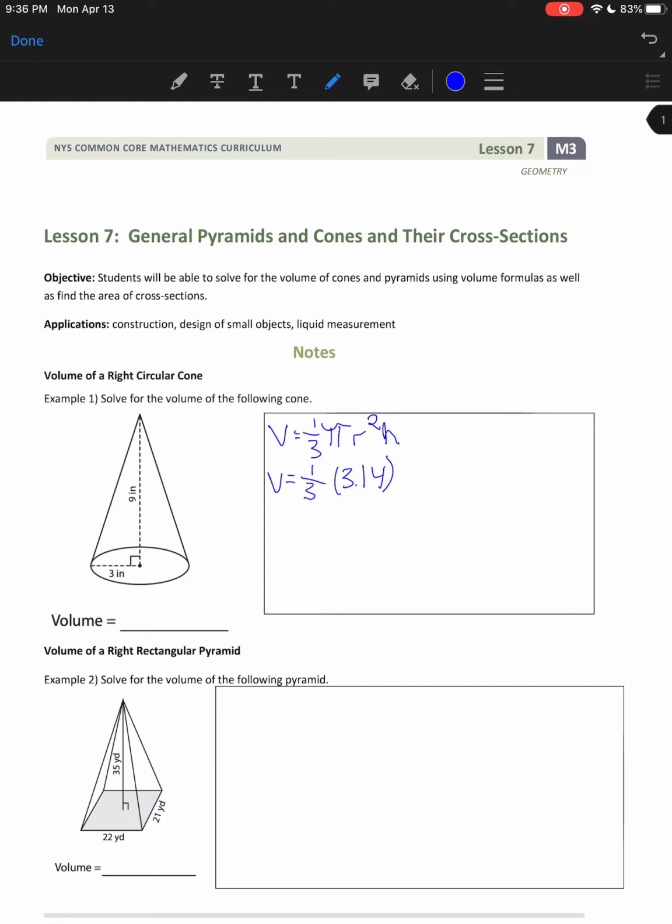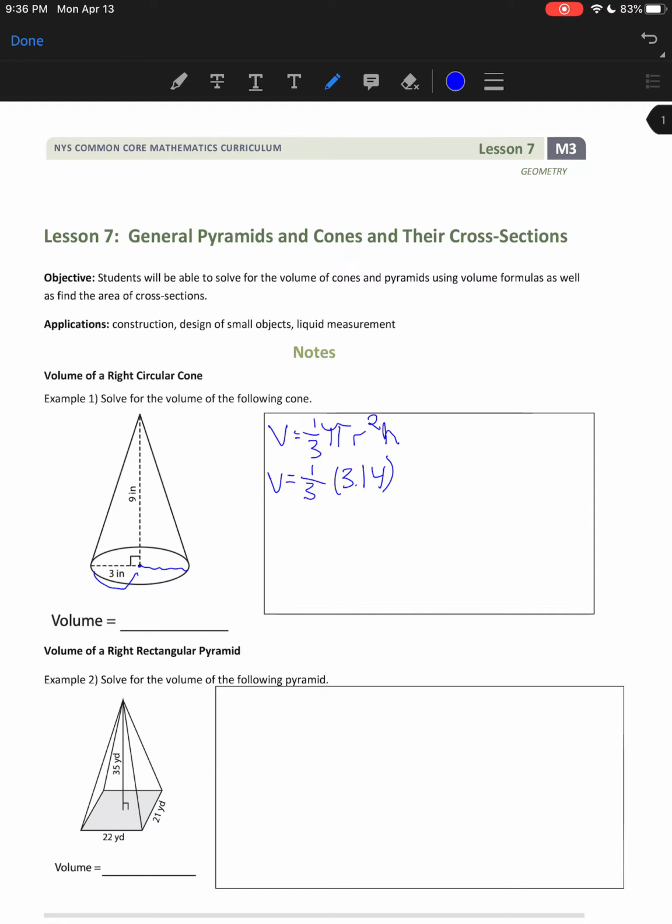Radius squared. Our radius here, if we look at the cone, is right over here. Just be careful, make sure you're always using the radius. The diameter would be across the whole circular base, right? If you wanted the radius from that, you would have to take half of it.